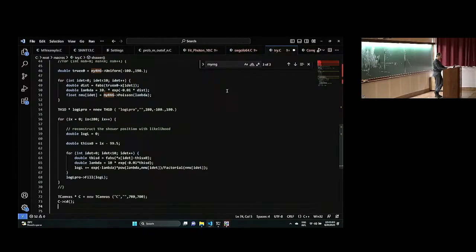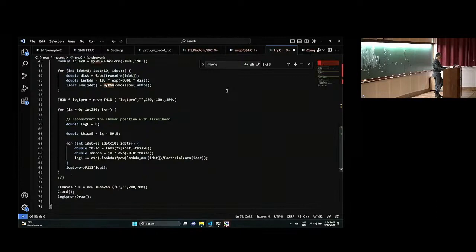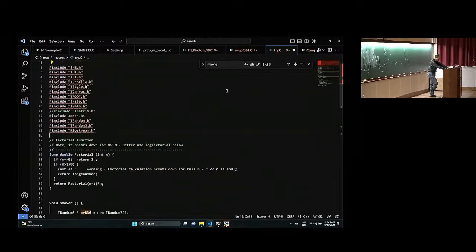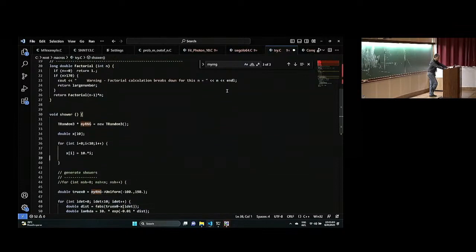I go to the TPad and I do, okay. Let's see how this works, okay? So let's look at what we have produced. We have a shower. We have a random number generation, which we call my RNG. I generate 10 positions for the detectors.